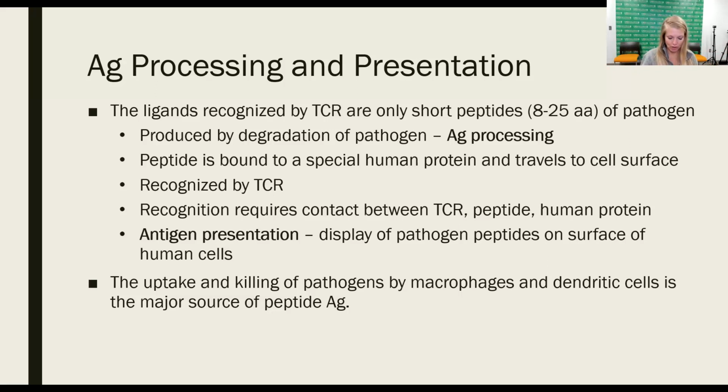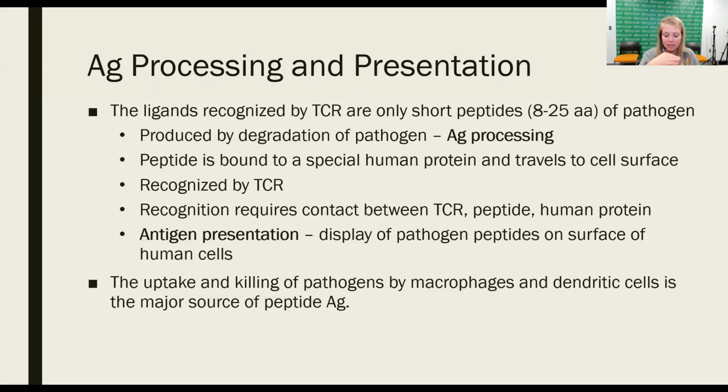And so antigen recognition not only requires the T cell recognizing the antigen with the T cell receptor, but also a human protein that's presenting it. And we call this antigen presentation.